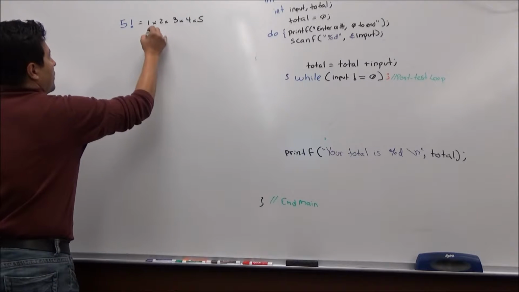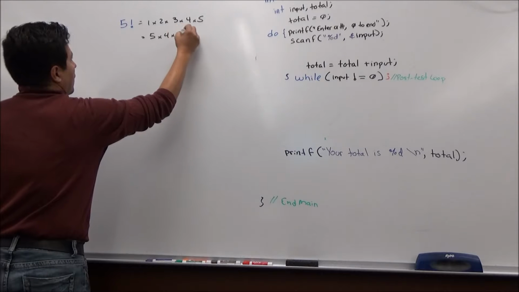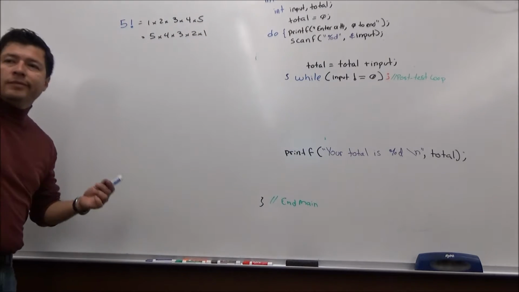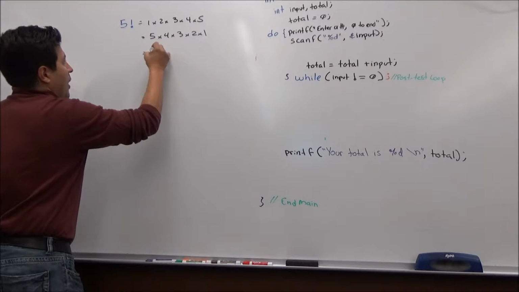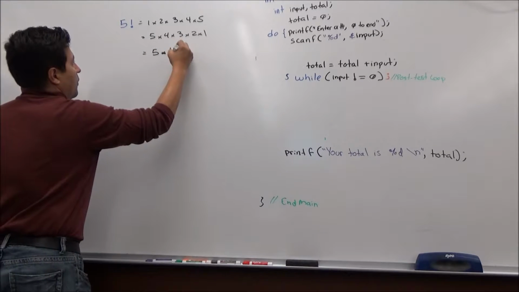Which is also the same as 5 times 4 times 3 times 2 times 1, right? Same thing. It's also the same as 5 times 4 factorial, right?